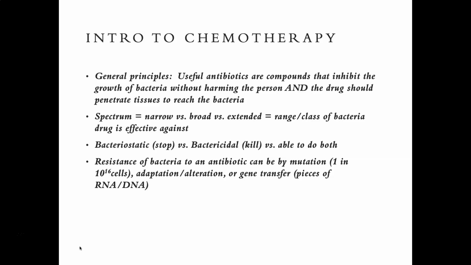An extended spectrum drug is a narrow drug or a broad one, it could be either one, that has been added to when it was created in the lab to increase the range and class of bacteria that it's effective against. So it should make sense.